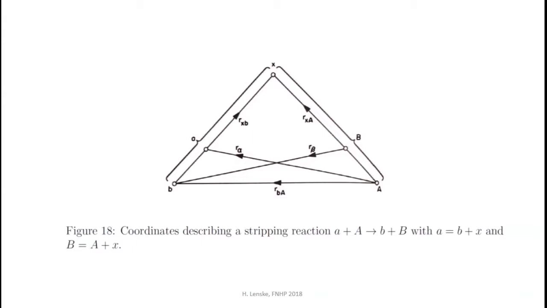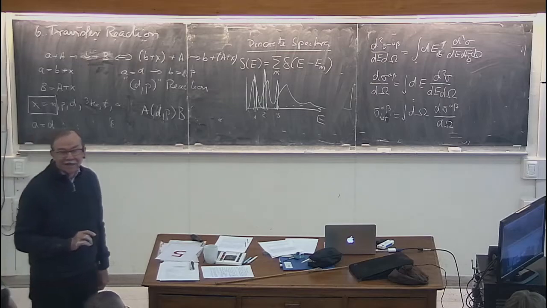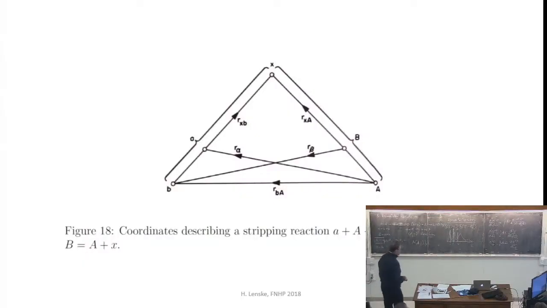The natural coordinates in that respect are certainly those coordinates which are describing the motion or the states within the projectile and within the target. But for the description of the reaction, I need to have those channel coordinates. And you see, it's a simple geometrical problem to relate the one and the others. I'm leaving it to you to evaluate this transformation.